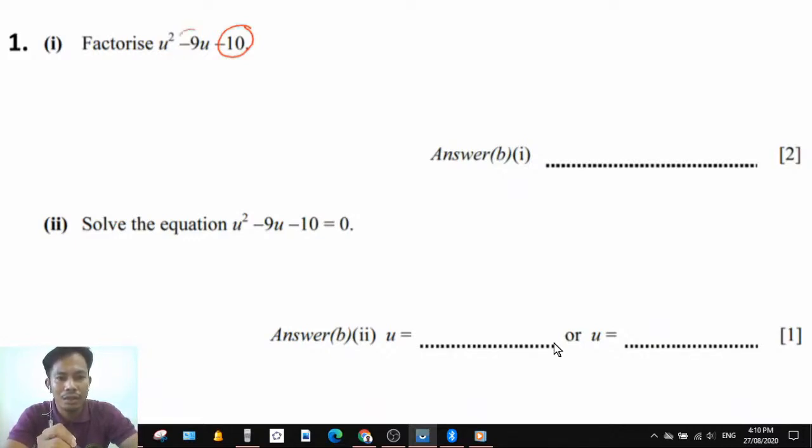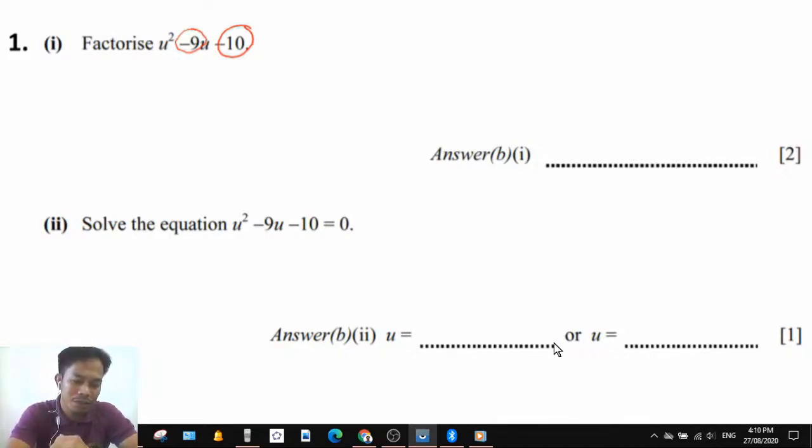So how will I do that? I will just basically think of two numbers that I need to multiply. It should become negative 10, or 10. You just think about that 10. And when you subtract those two numbers, it should become 9. So think of two numbers.